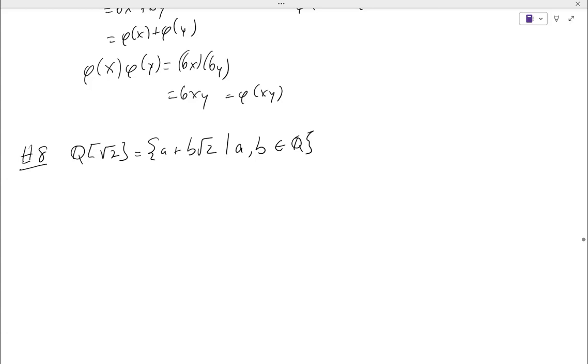So we had subring, right? But field's a little bit more strict, if you will. So this is a subfield of that. So what we want to do is we're going to look at a function from this ring to itself.